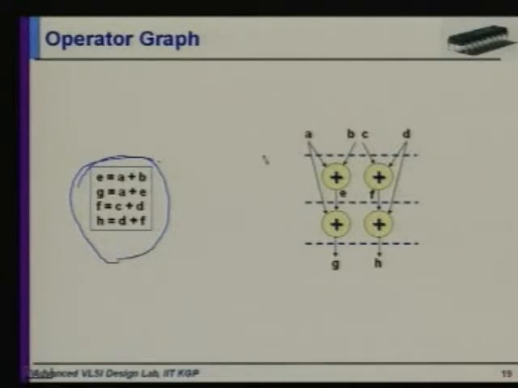Now the corresponding graph built out of this, just to give you a toy example, is like this: E is A plus B and then G is E plus A, and similarly C plus D is F and then F plus D is H. So this is what I mean by the control and data flow graph. This is a simple example.